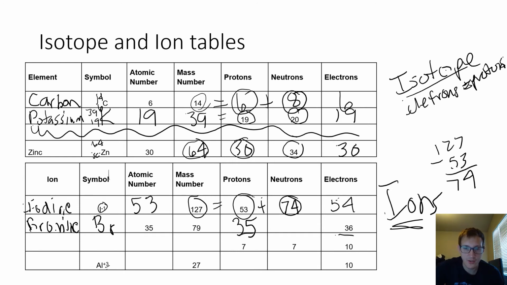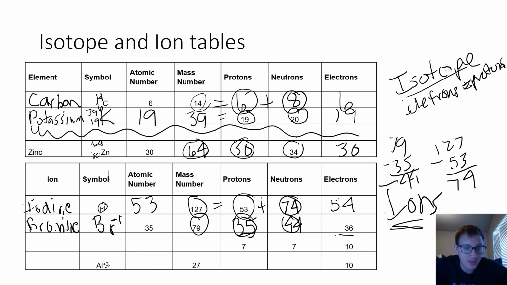So 35 and 36, I have gained 1 electron, which means that I have a -1 charge. And then I do neutrons the exact same way. This plus this equals that. So whatever 79 minus 35 is, and I got 44. So 44 neutrons for that one.